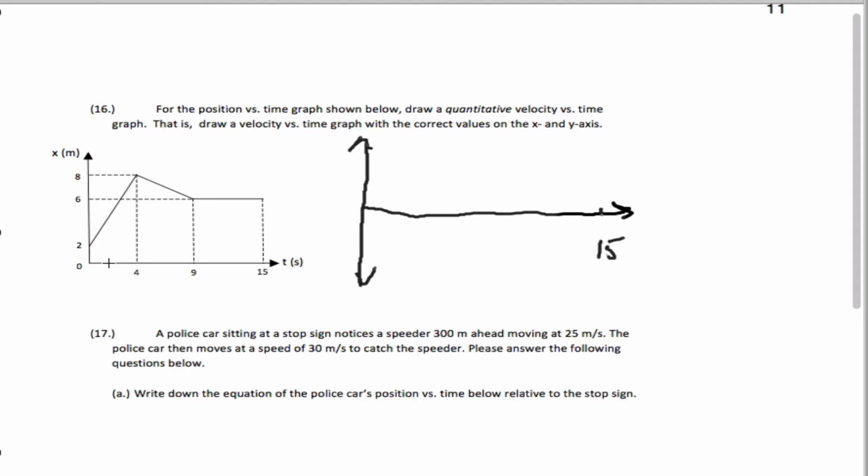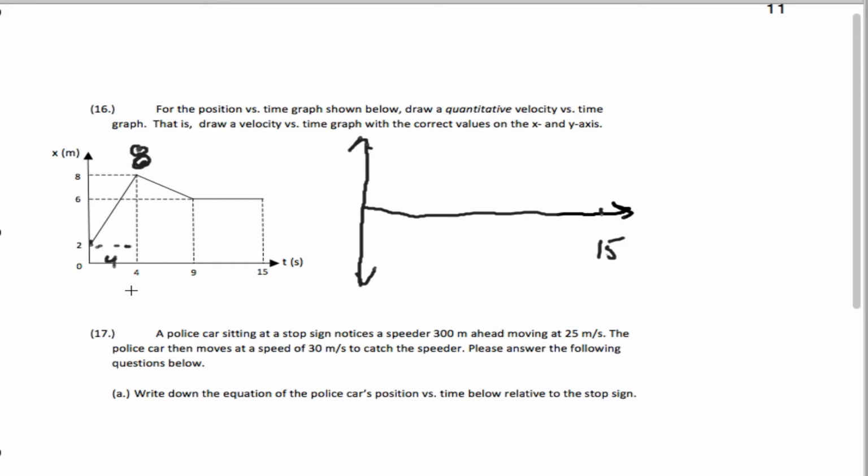Here, it looks like over a period of 4 seconds, my position goes from 2 to 6. If I do the rise over run, let me make absolutely sure I got that right. My position goes from 2 all the way up to 8.